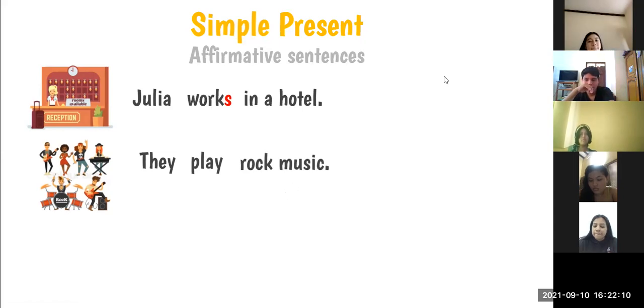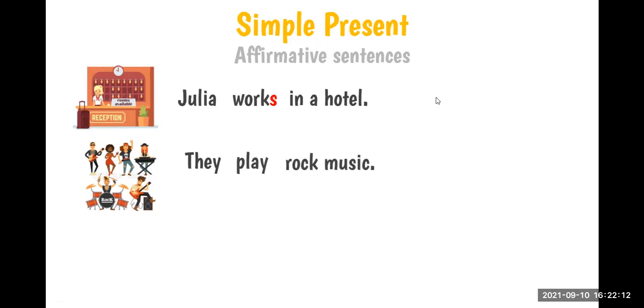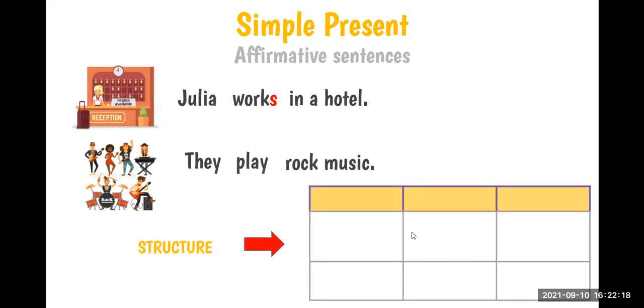Okay, very good. So we are going to check the structure of these affirmative sentences, and I want you to help me, okay? What do we need? What is the first thing we need to form a sentence in the simple present? The subject.